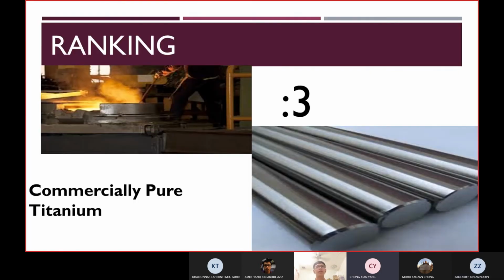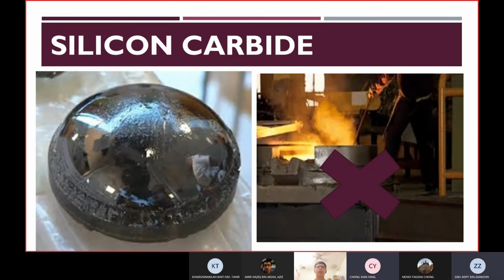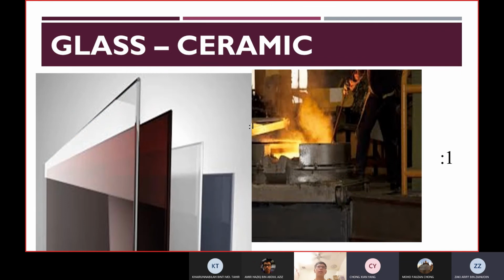For the ranking, our commercially pure titanium has 3 points for castability, while silicon carbide has no score for castability, and glass has 1 point for castability.